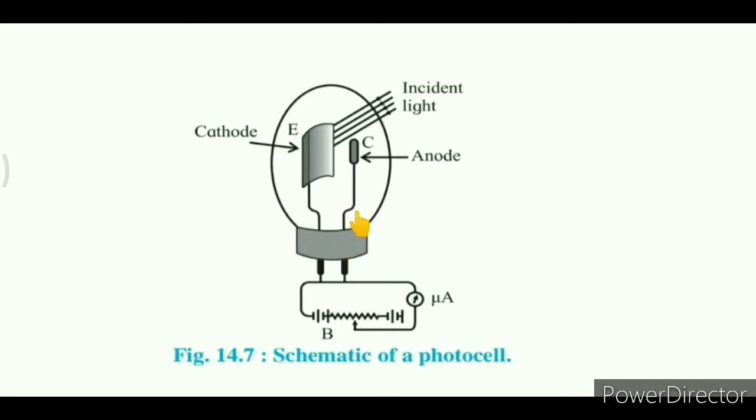The collector is always kept at a positive potential with respect to the emitter, and the glass tube is fitted on a non-metallic base, and pins are provided at the base for connection to an external circuit having a high tension battery B and a microammeter µA.